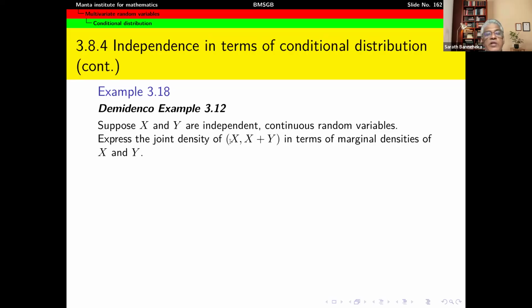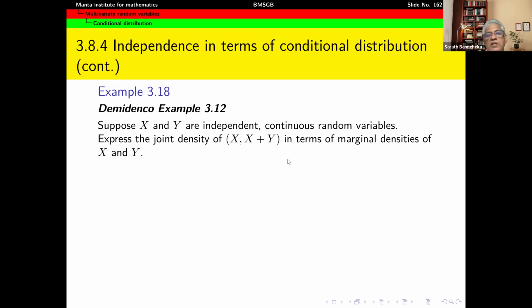So what we need is the joint density function of these two new random variables. Of course, one is the same as the previous one, but the second one is a new one. We will try to get the joint density function in terms of the marginal densities.